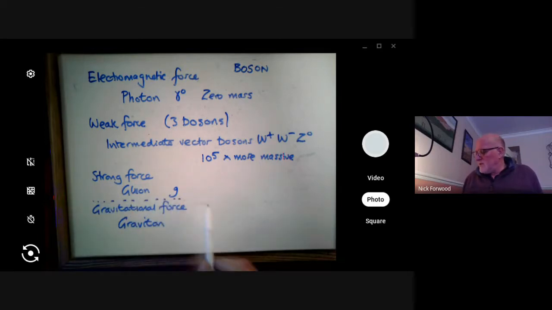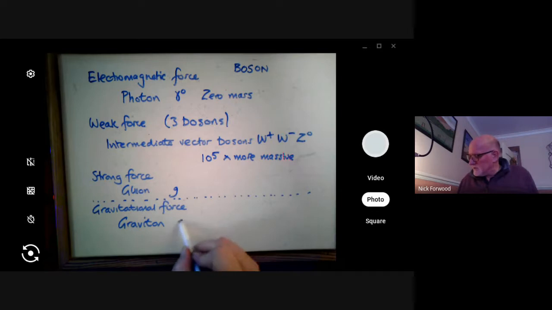And it may be that it never fits in, in which case future physicists are going to have to rewrite the standard model of fundamental forces. Or it could be that we've just not discovered the particle that actually makes up the graviton. Its symbol is G with a little naught.